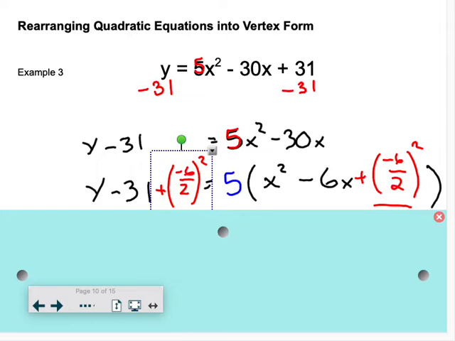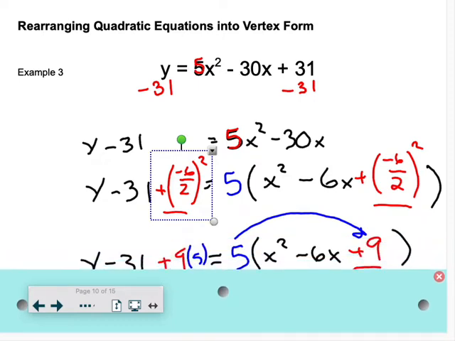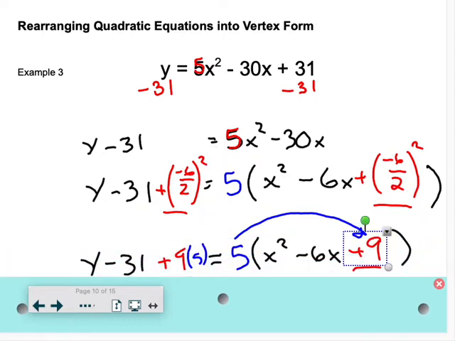I'm really adding a 9, but this black group on the right is technically being multiplied by 5. So even though I wrote plus 9 in the group, that's really a value of plus 45. And I need to address that when I deal with it over here.